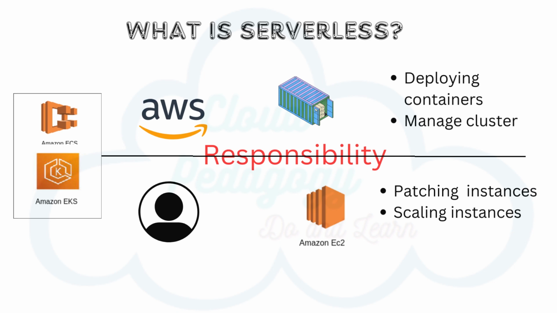This means that you are responsible for patching your instances when new software packages come out or when new security updates come out. You are responsible for setting up the scaling of those instances as well as ensuring that you have architected your solutions to be hosted in a highly available manner, which means deploying instances across at least 2 availability zones.